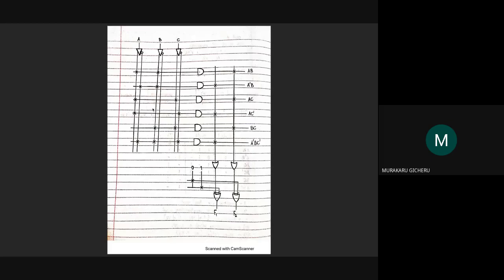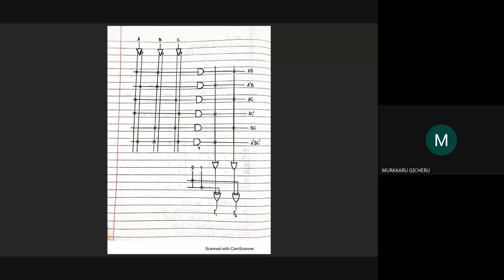This will be AC, A not C, BC, and not A, B, not C. So yeah, 1, 2, 3, 4, 5, 6, 7, 8, 9, 10, 11, 12.